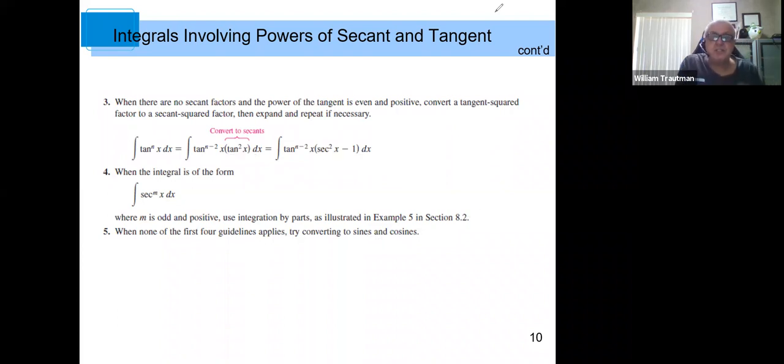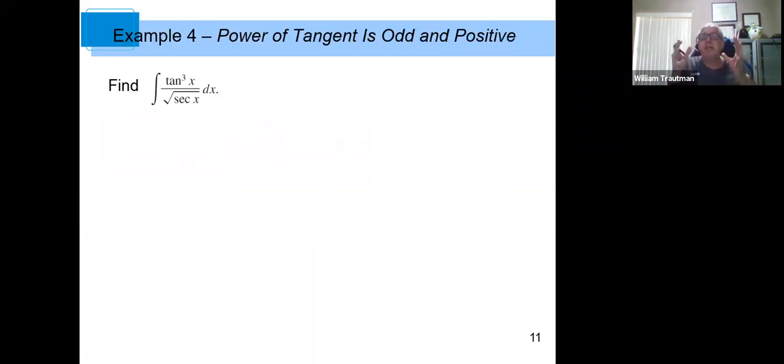So you see, there's lots of these guidelines here. This section can be frustrating if you don't have these guidelines in front of you. It's really important to try to have these guidelines sitting there in front of us.